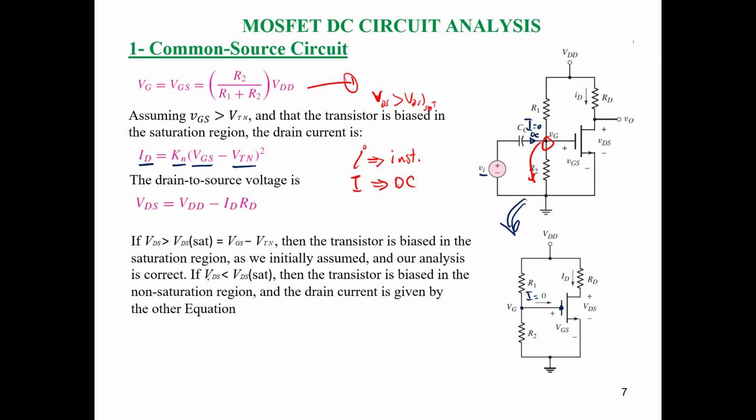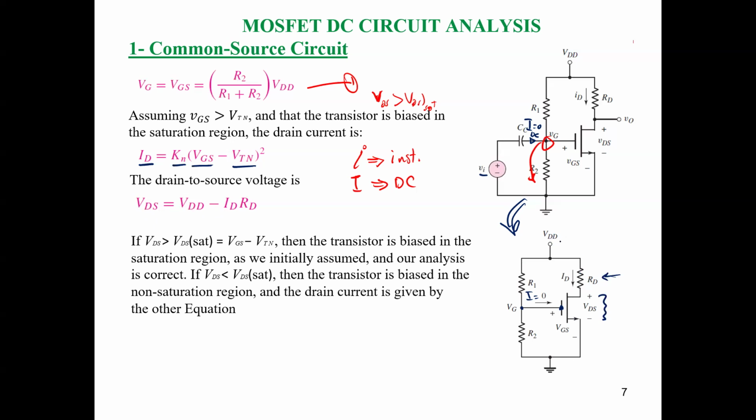Then VDS, this voltage here, equals nothing but VDD minus the voltage drop across this resistor RD. So we can say VDS equals VDD minus ID RD. Just apply Kirchhoff's law on this branch.